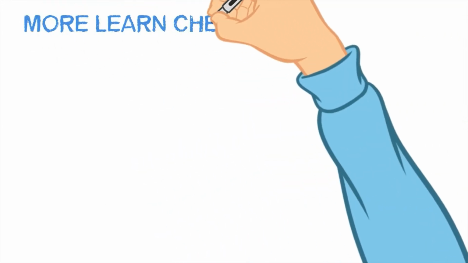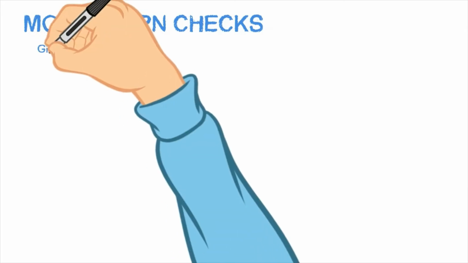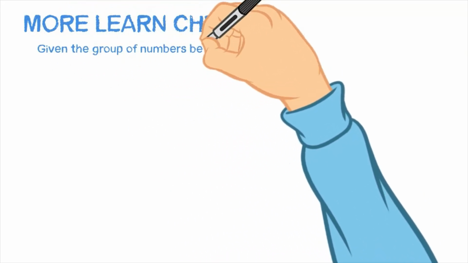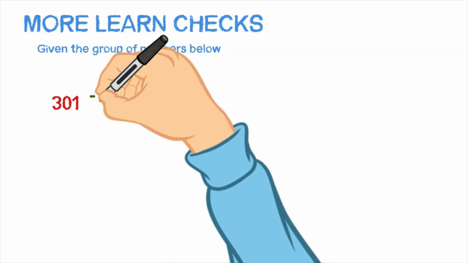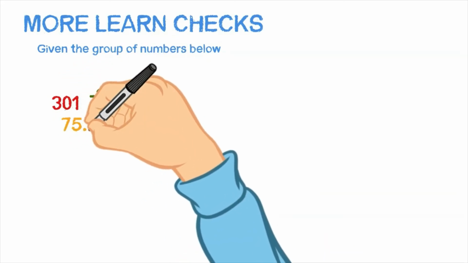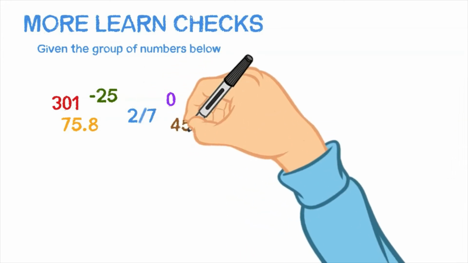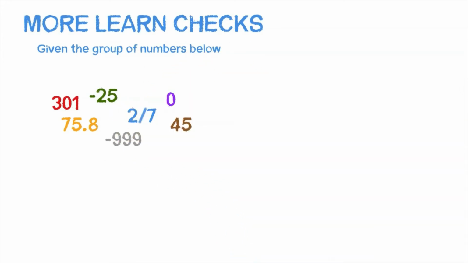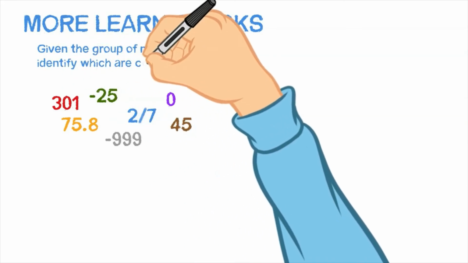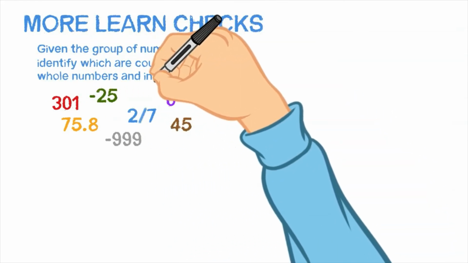Let us have more learn checks. Given the group of numbers below: 301, -25, 75.8, 27, 0, 45, and -999. Identify which are counting numbers, whole numbers, and integers.